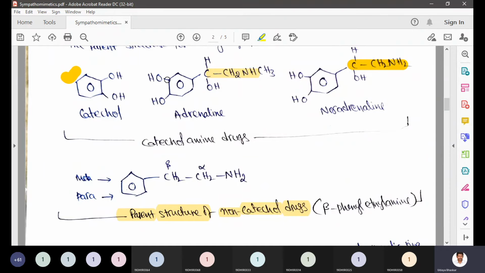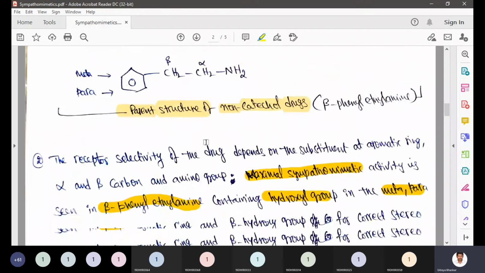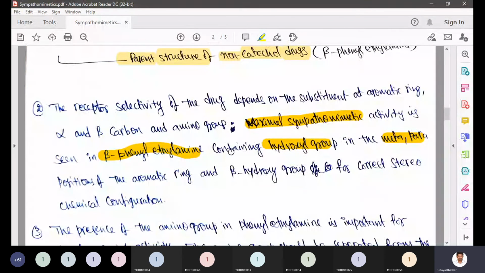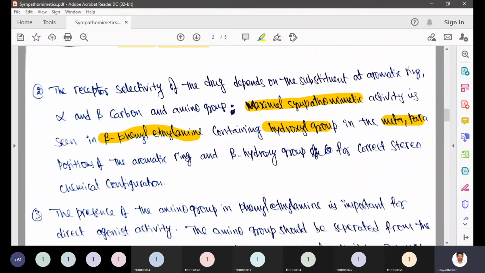First and third position is called meta. First and fourth position is called para. So the hydroxyl groups present at meta and para positions will have maximum sympathomimetic activity. So that is again catechol, resembling adrenaline, which has maximum sympathomimetic activity.